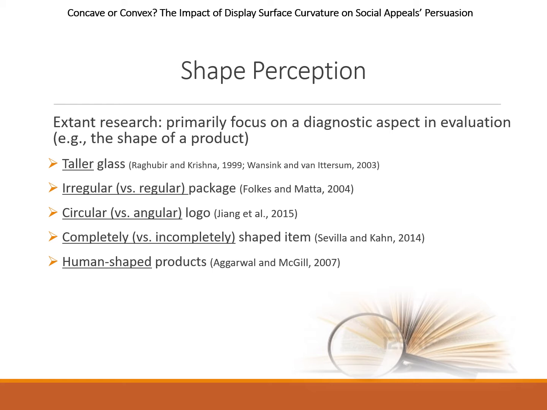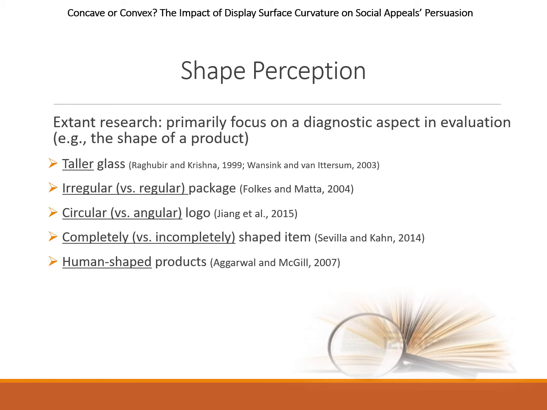On the other hand, the existing literature has certainly identified shape as an important visual cue in influencing consumer perceptions and judgments. But the existing literature has primarily focused on a diagnostic aspect in evaluation, like the shape of a product.